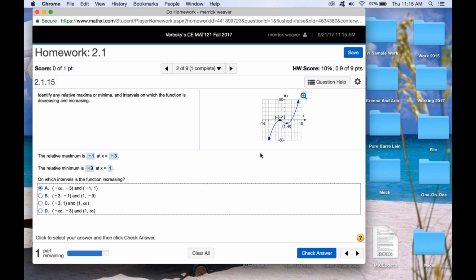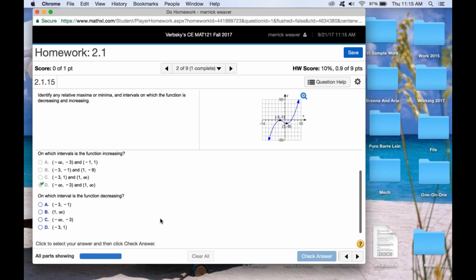Both A and D have that same first interval, and that's the correct first interval, negative infinity to -3. But there's two answers on there. Which one has the correct second interval? I think it would be D, because it increases all the way to infinity. Yeah, okay. Cool.